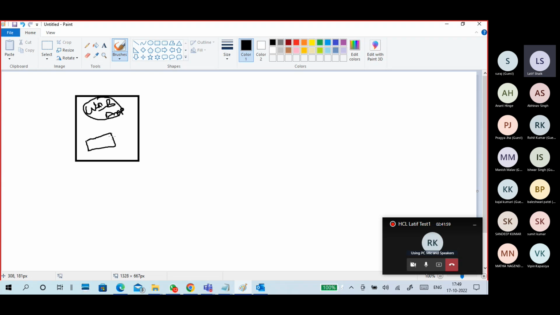I want to connect to this web server application. Then use localhost name or IP address.